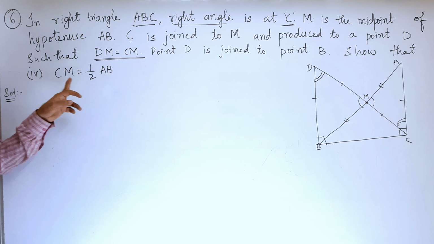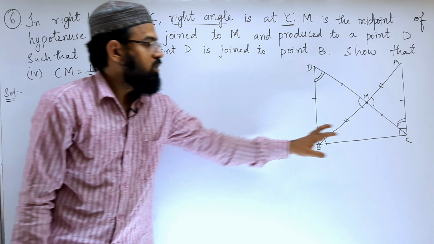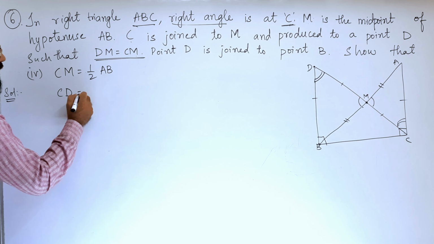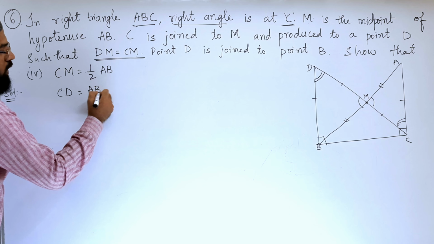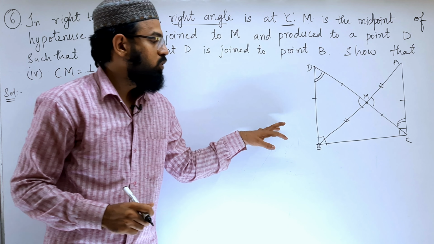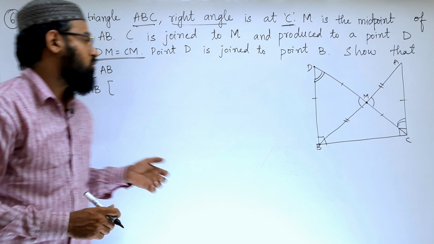Fourth bit: CM is equal to half AB. To show this, let us take CD and AB. So CD is equal to AB. Why can we take this? Because we have already shown that DBC and ACB, these two triangles, are congruent.